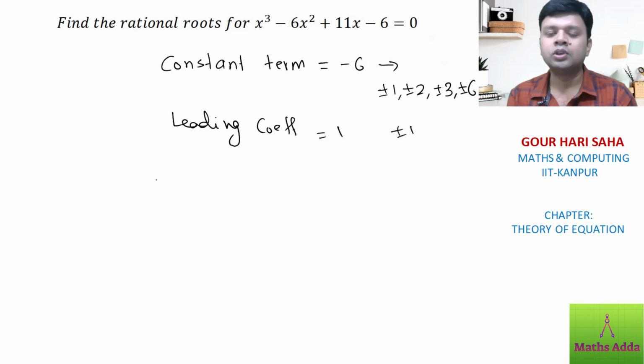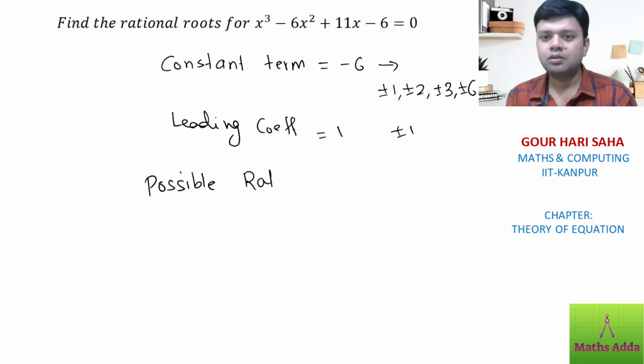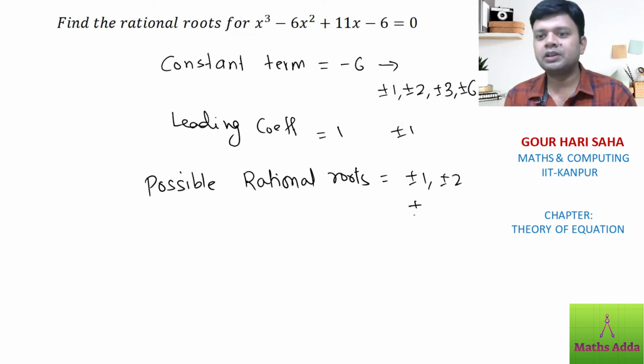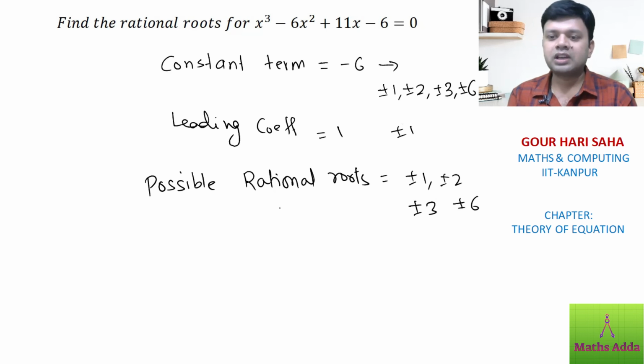So what are the factors? Plus minus 1. So what are the possible rational roots? Possible roots are plus minus 1 divided by this, then plus minus 2, plus minus 3 and plus minus 6. When you check it, I will not waste time, it will be satisfied for x is equal to 1, 2 and 3.